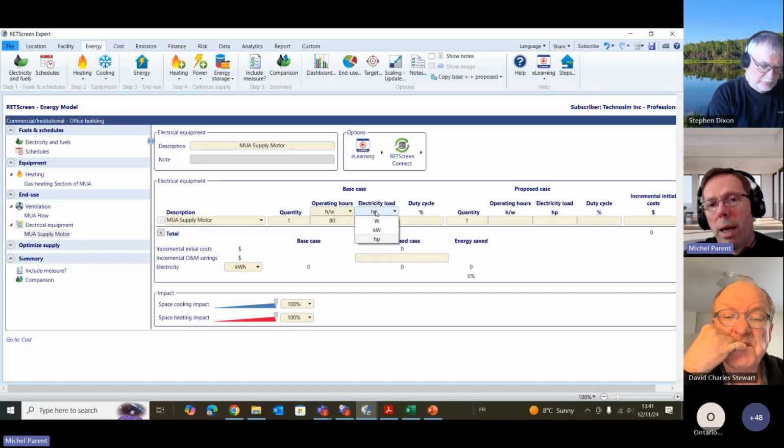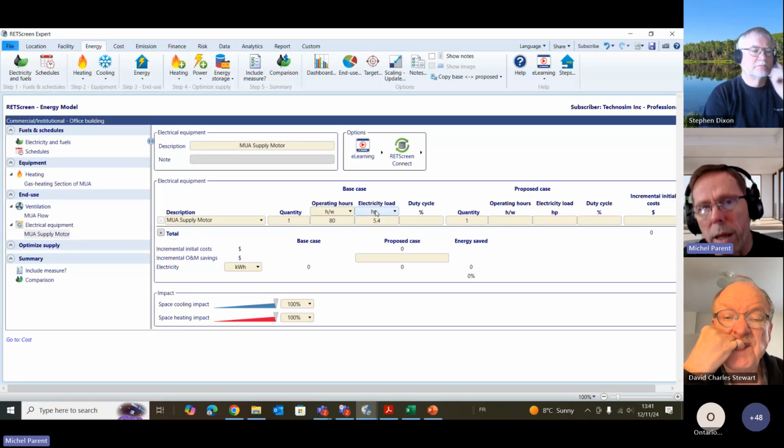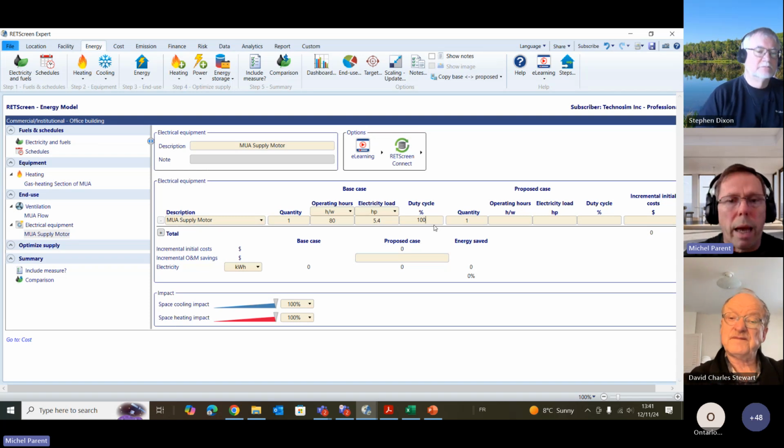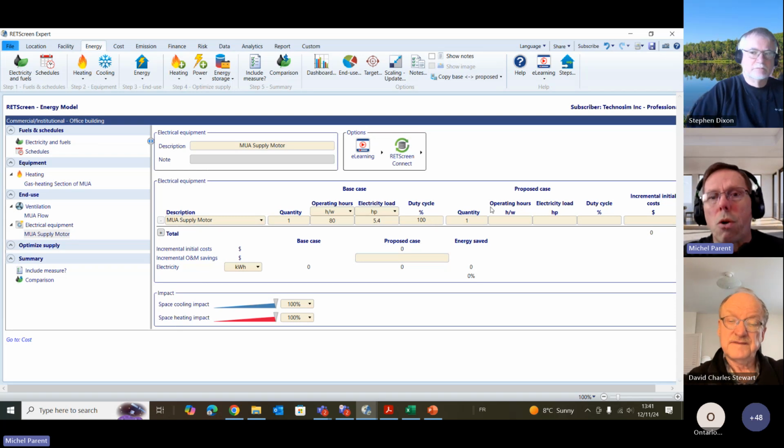You could obviously convert that to kilowatt and enter it in kilowatt, but you have to be careful about the type of value you enter for the electrical load. In this case, the duty cycle is 100%. It will run basically at 5.4 horsepower at full load for 80 hours per week. So I'm going to do again, copy base to proposed.